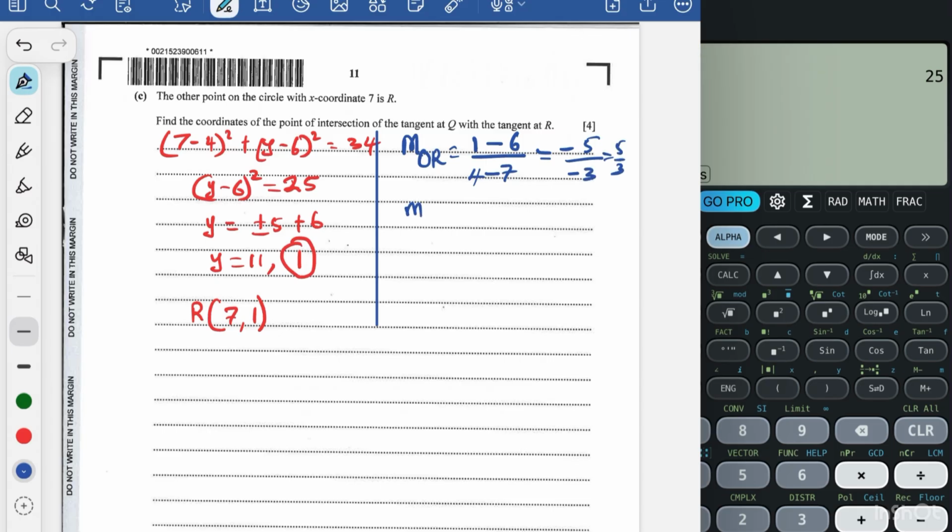So the gradient of the other tangent will be minus 5 over 3.